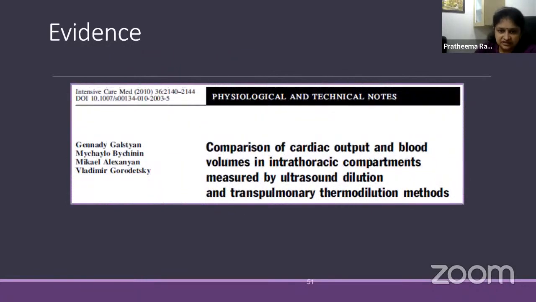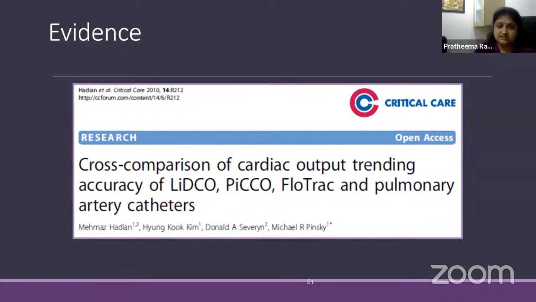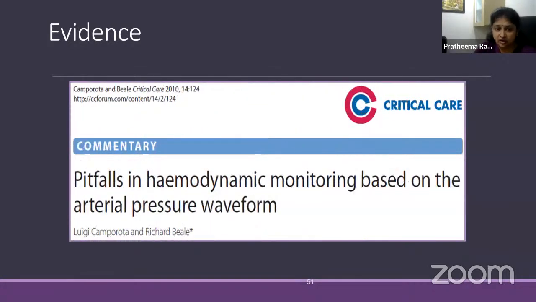So evidence, yes, we have a lot of studies which have been done comparing cardiac output and blood volumes by ultrasound dilution and transpulmonary thermodilution. All these methods have been compared and there have been cross comparisons with LiDCO, PiCCO, FloTrac, PAC catheters. There are a lot of pitfalls in hemodynamic monitoring.